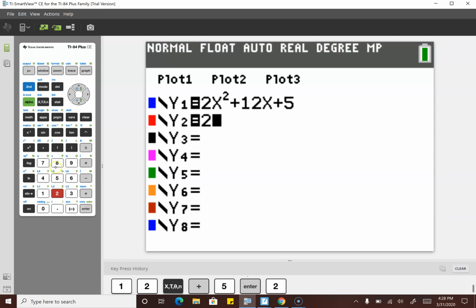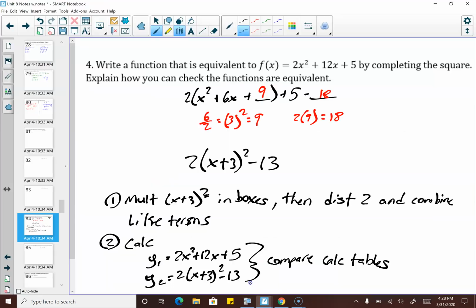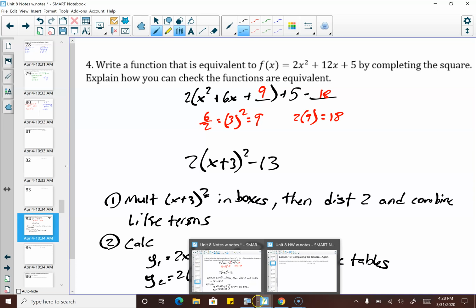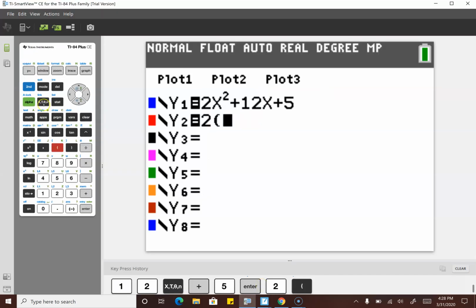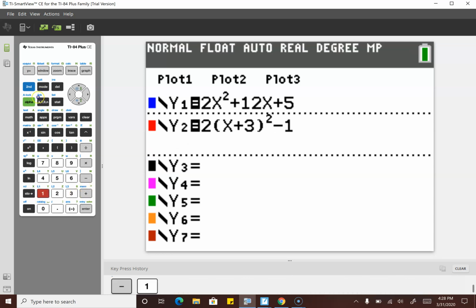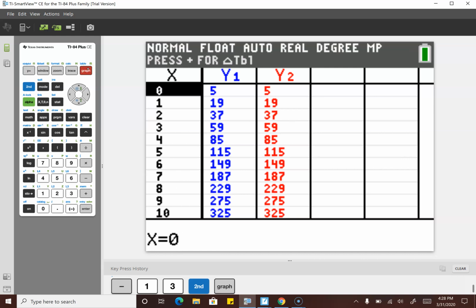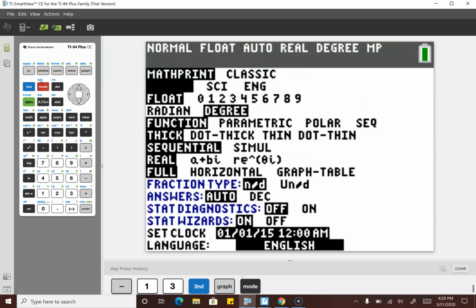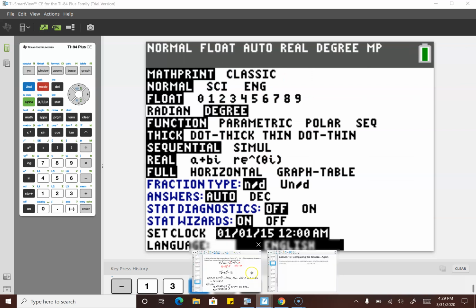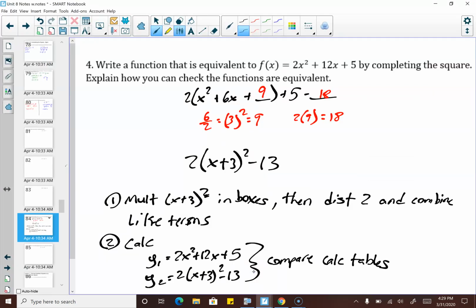And then we had 2 parentheses x plus 3 squared minus 13. So if these two are equivalent expressions, our calculator table should be exactly the same, which you see that they are. So that's all I want to do in lesson 10 on our second half of completing the square.